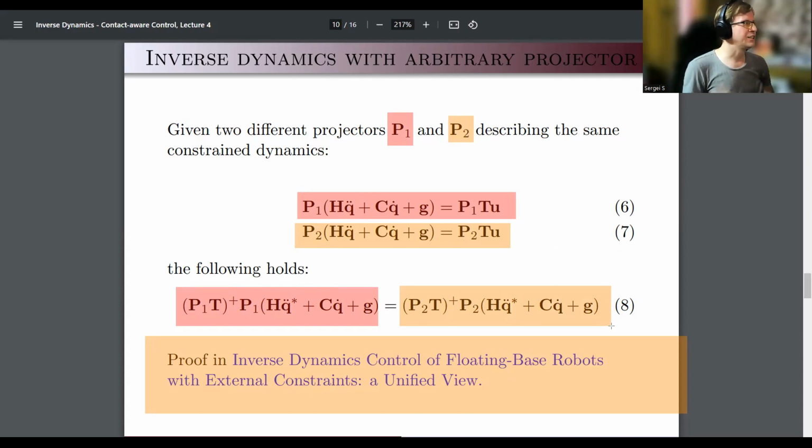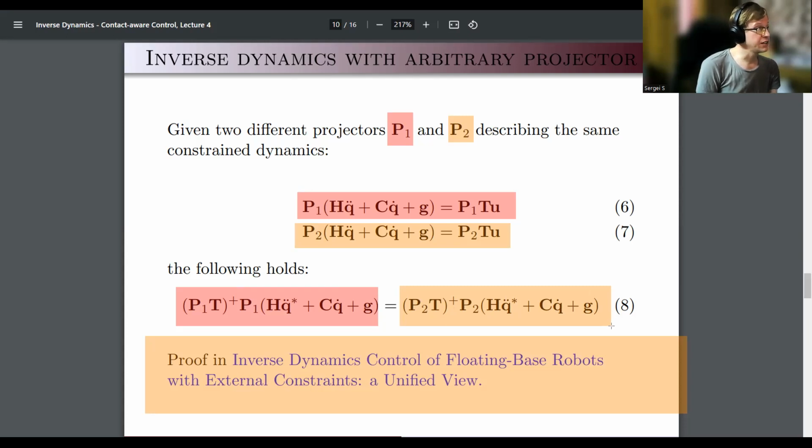So as long as your projectors describe the same dynamics, it doesn't matter which one you use, your inverse dynamics solution will be exactly the same. Okay. So remember last time we had the Schur projector and the QR decomposition projector.